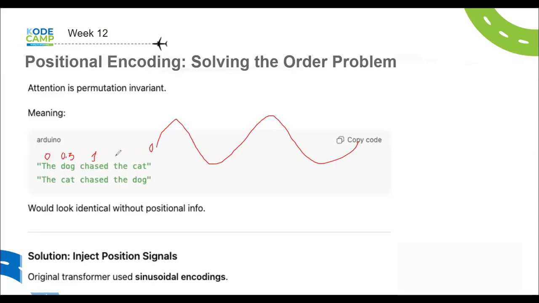Then on the way down, it goes back to 0.5 and it goes back to 0. Or maybe even not doing a full cycle of the sinusoid, but more like 0, 0.1, 0.3, 0.5 or something like that. So it basically uses the numbers.